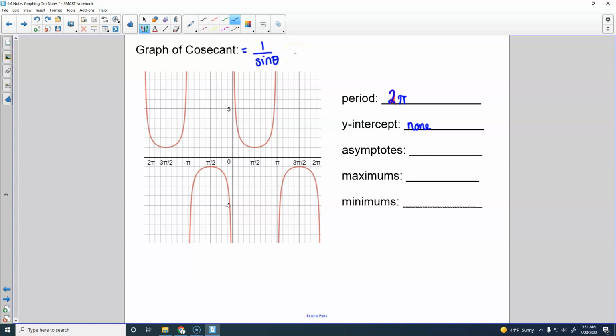So if sine equals 0, that's where we're going to see that we've got those vertical asymptotes, like we see here. And so that happens at 0, pi, 2 pi, 3 pi, and so on. Maximum minimums I'm not going to worry about right now. We're trying to move through this.